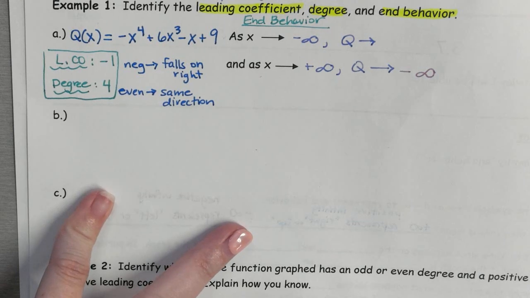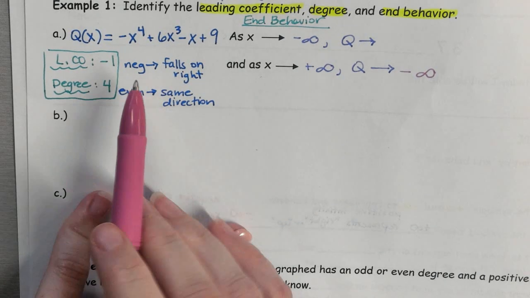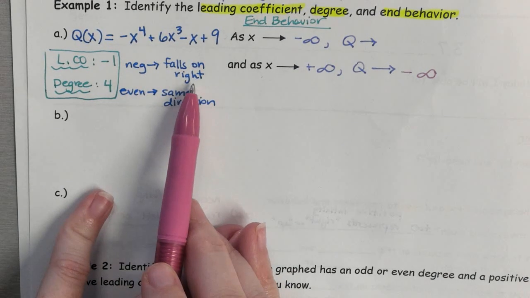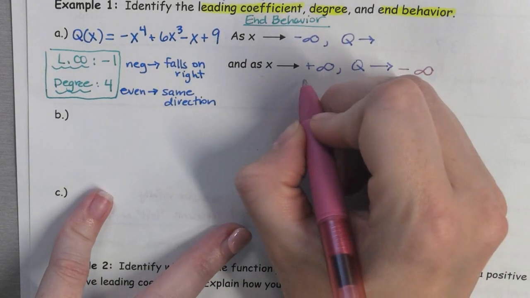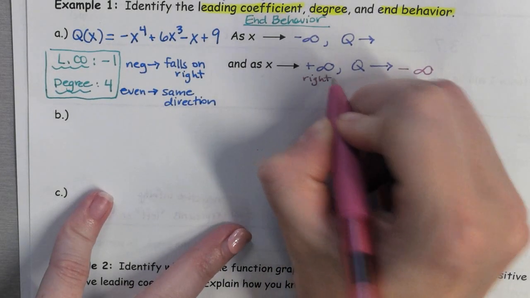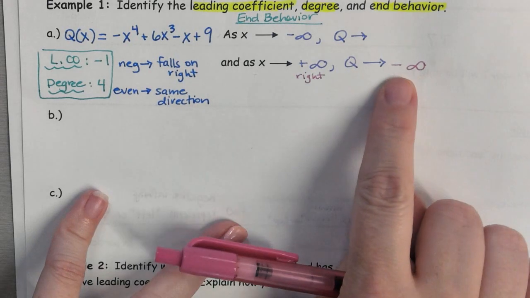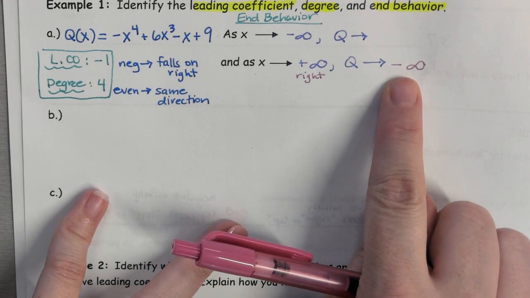I'll say that one more time about how I know that. If it's negative, it falls on the right side. Remember that the positive infinity represents the right side. So if it falls, I'm going to use negative infinity.